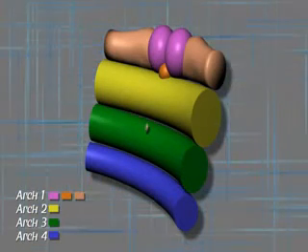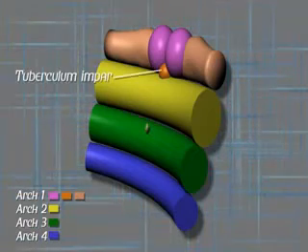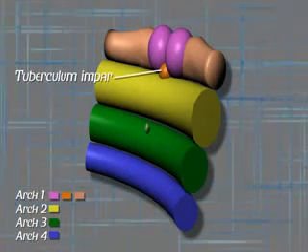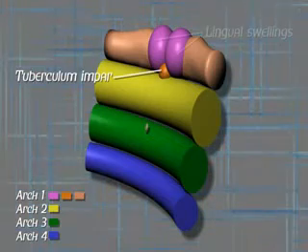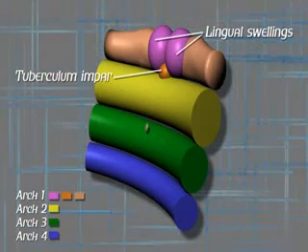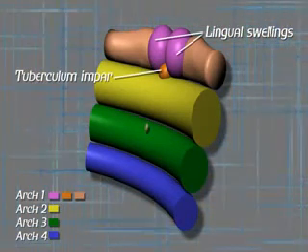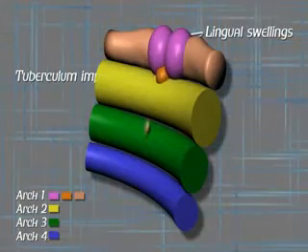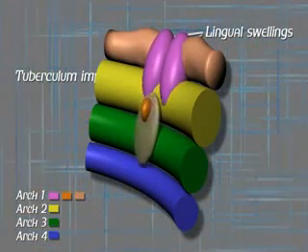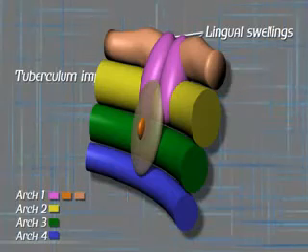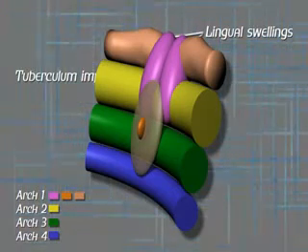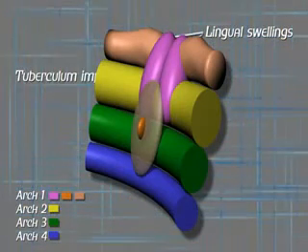This is referred to as the tuberculum impar. This is then flanked by 2 other bulges referred to as the lingual swellings. These lateral swellings enlarge and merge with each other and with the tuberculum impar to form a large mass from which the mucous membrane of the anterior 2/3 of the tongue is formed.